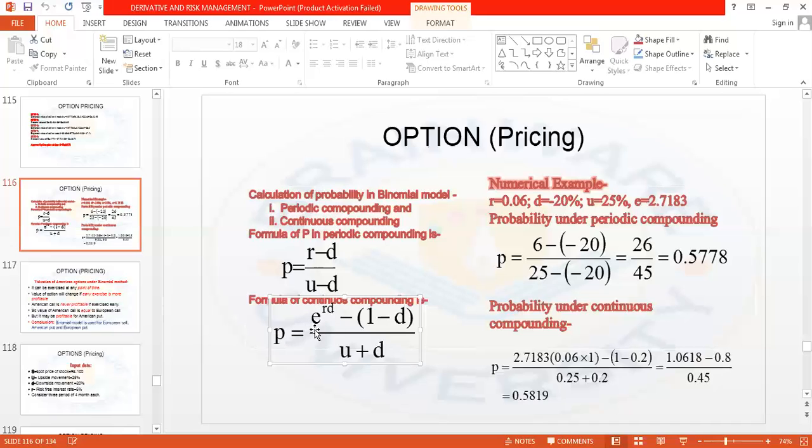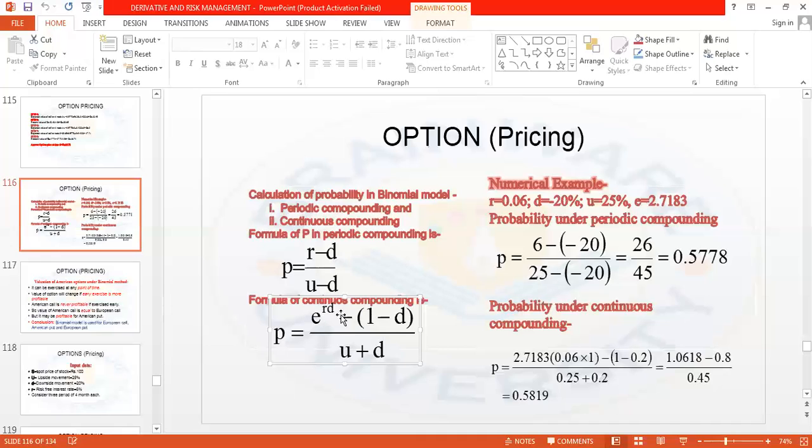So our probability formula is e to the power RT minus 1 minus D. Here D is considered as positive value because already we have taken 1 minus D. Actually, this is also an error in typing.